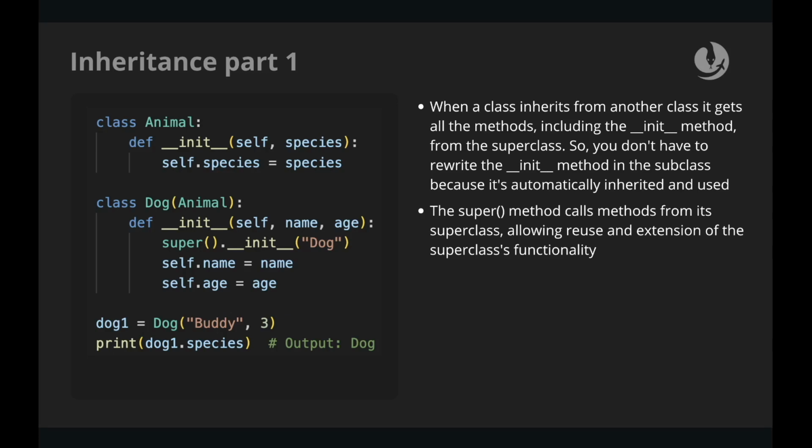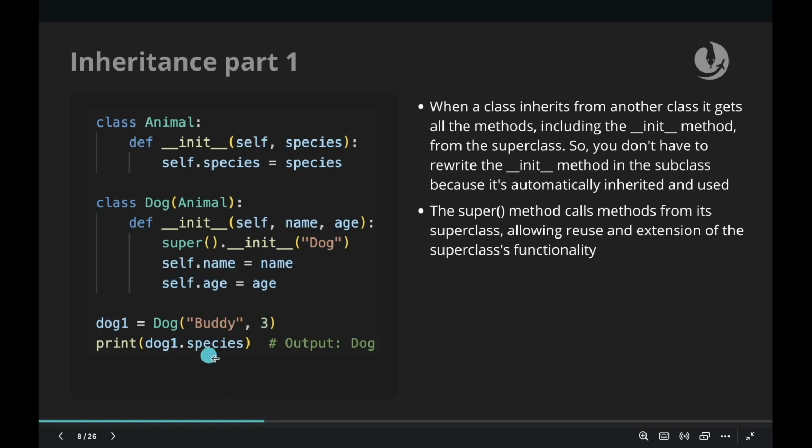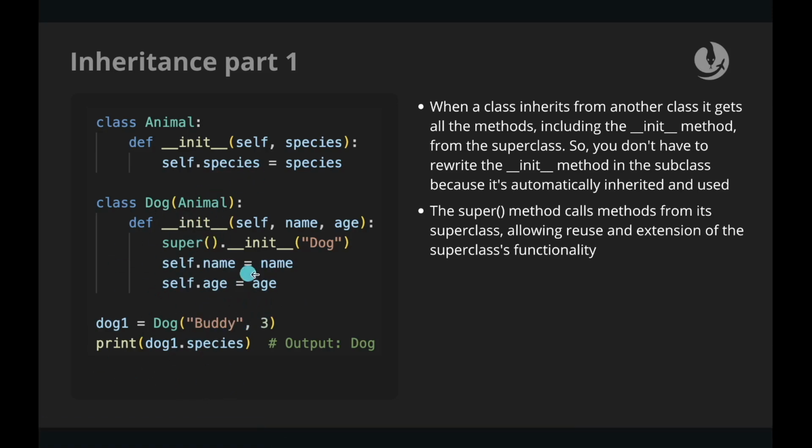Remember that inheritance should help us with keeping and fulfilling the DRY principle. So don't repeat yourself. And if we would create the class for the cat, we would probably repeat ourselves because we would have to place in self.name and self.age inside of the init of the cat class.